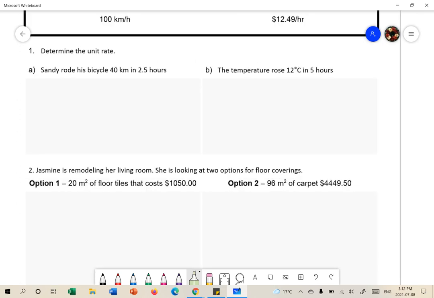Let's practice determining the unit rate. Sandy rode his bicycle 40 kilometers in 2.5 hours. So when we're determining the unit rate, what we're trying to find out is how far did Sandy ride in 1 hour.